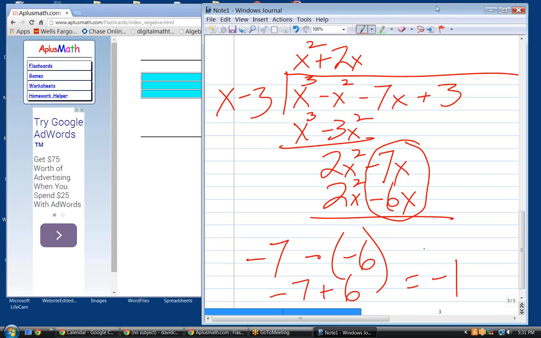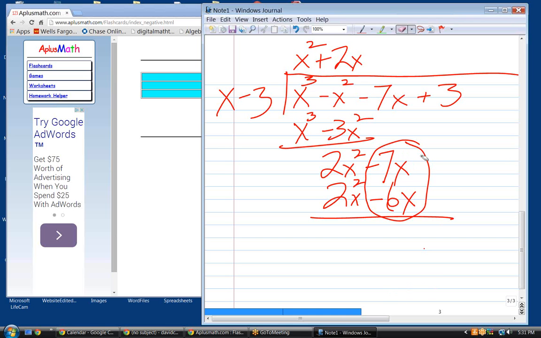Okay, so let's see. Back to this problem. When we subtracted a negative 6x from a negative 7x, I got minus x, not plus. And I bring down the 3. Next step? Then you do minus x.